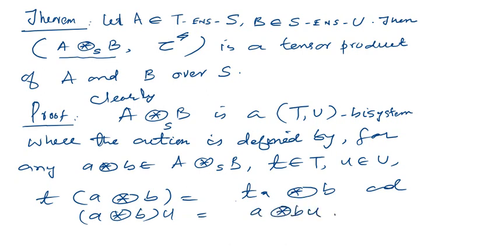So with respect to these two actions, left and right action, this A tensor B becomes a TU bisystem.